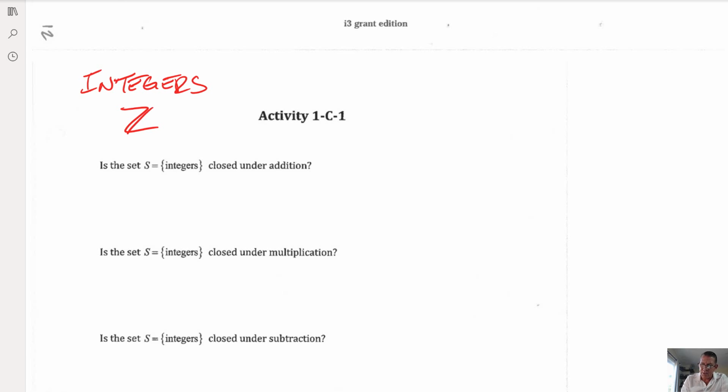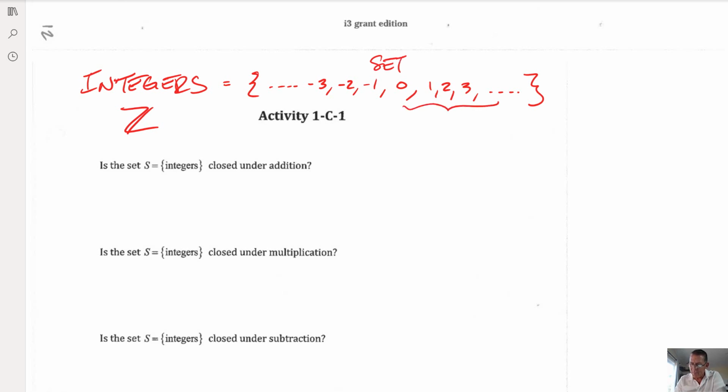All right, and the integers look like this. It equals the set consisting of all the negative numbers, 0, and all the positive numbers. Okay, so that's your set of integers. Again, it's the whole numbers here, okay, and the opposites. Okay, so those two sets combined form the set of integers.